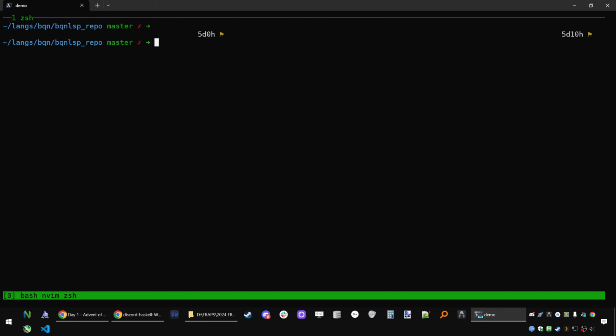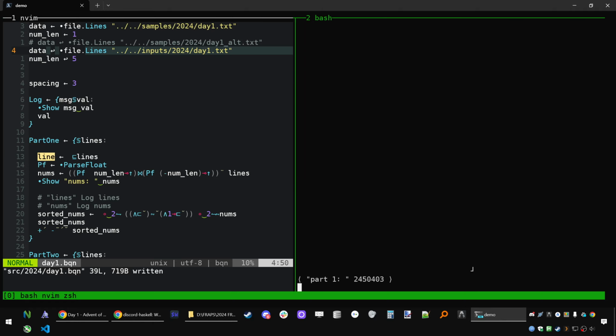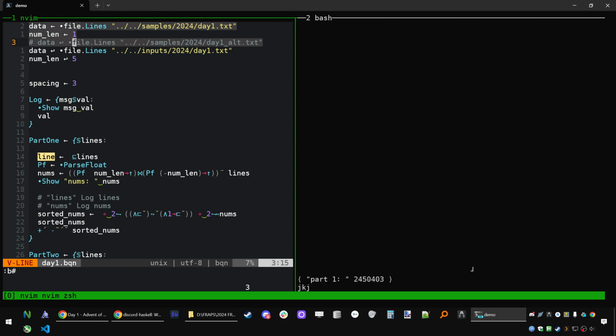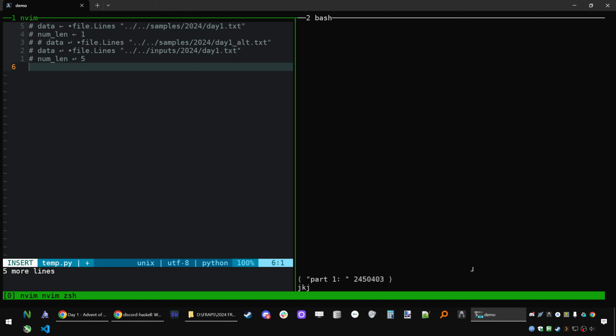Can I validate this by going into a temp.py and go back here and then paste this in as a comment, and then samples.